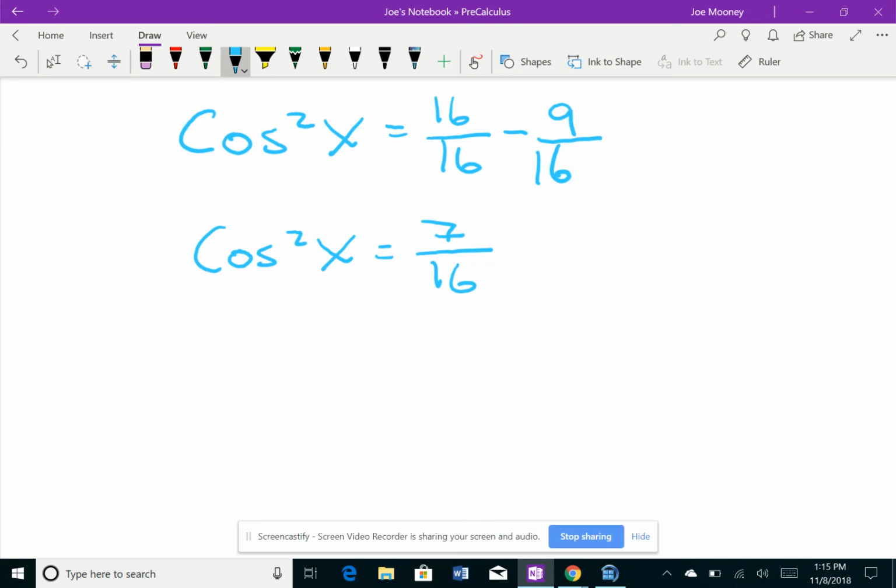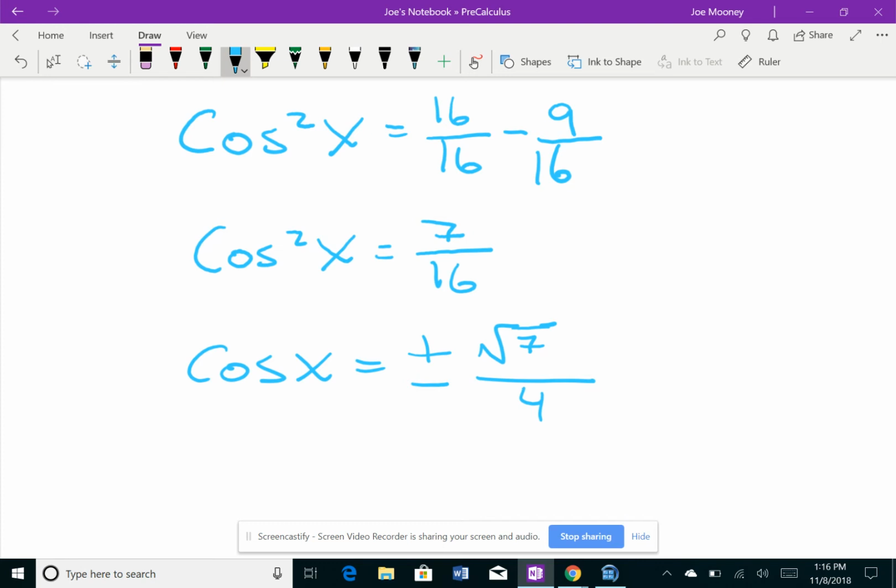But I asked you to solve for cosine, not for cosine squared. So cosine of x is equal to plus or minus the square root of 7 over the square root of 16. All right. Now is time to bring back that original black box that I said we'll decide at the end.